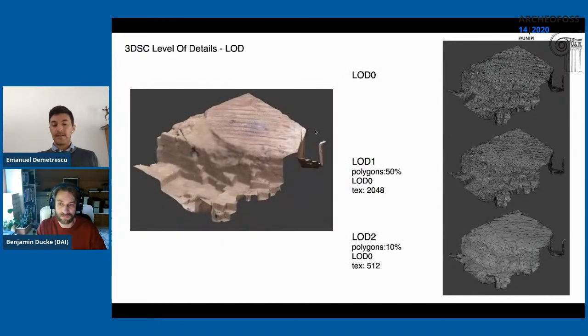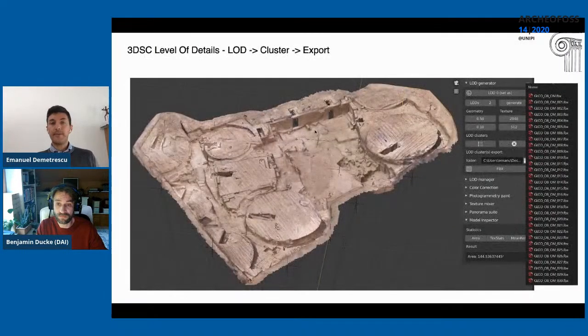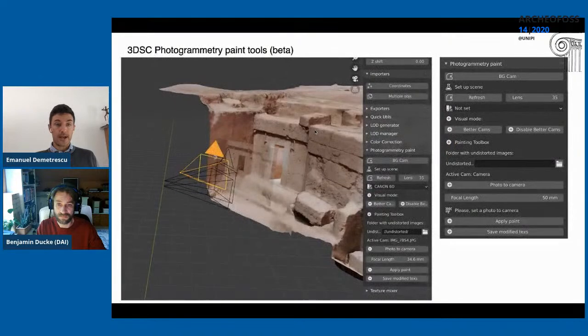And this is the result, different levels of detail to enable the magic of the level of detail in the game engine. So we are able to load and unload the memory from the software. The export creates some clusters and creates the FBX, and the glTF will be in the next version of the 3D Survey Collection.